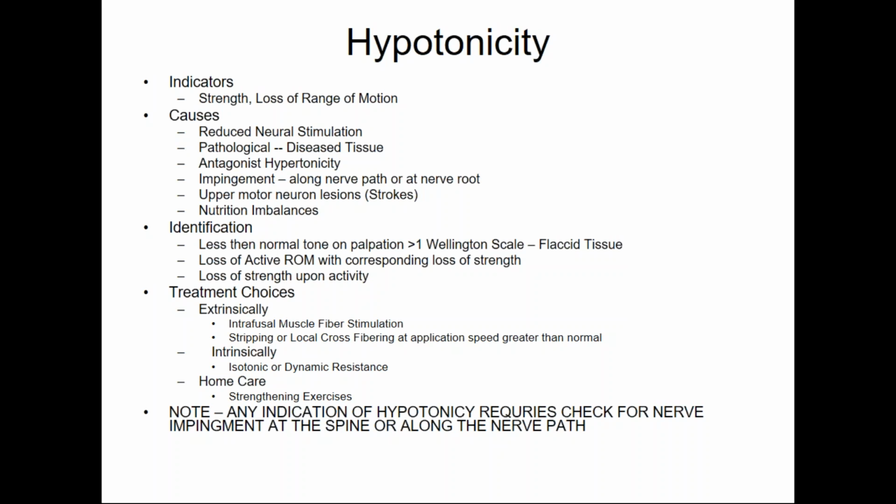You can also palpate the tissue to see if there is lack of tone within the tissues, or 0. There are several different causes of it. So the things that you would use for identification would be loss of normal tone, loss of active range of motion, loss of strength.